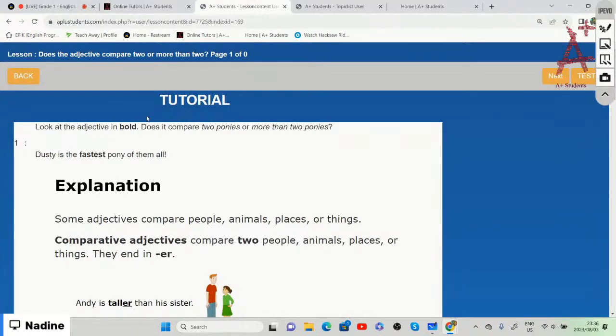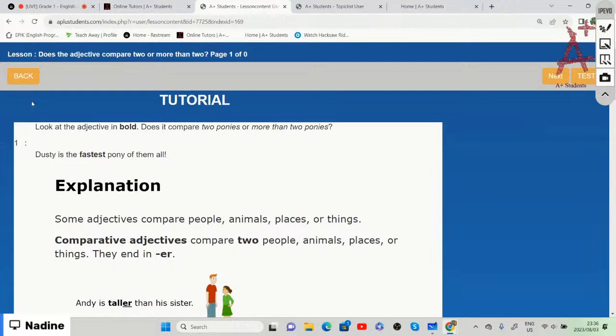So you need to look at the adjective in bold. In this case, Dusty is the fastest pony of them all. We need to look at the adjective in bold, which is fastest.